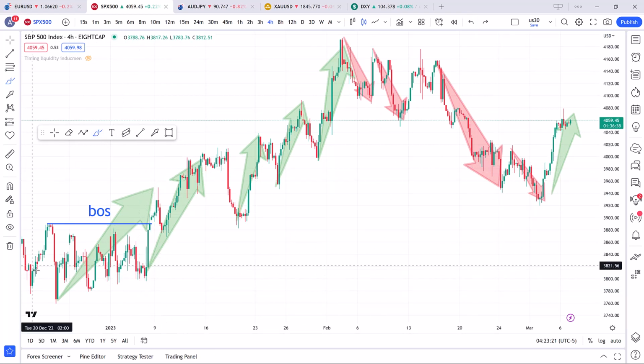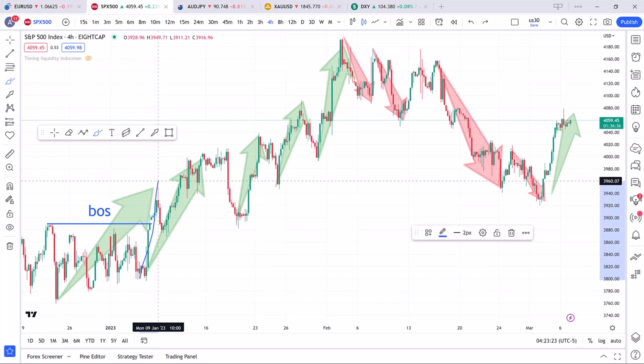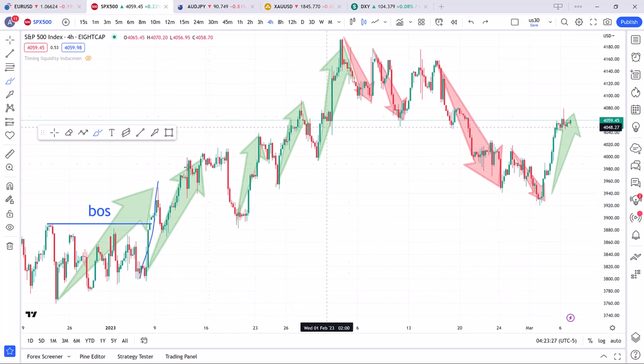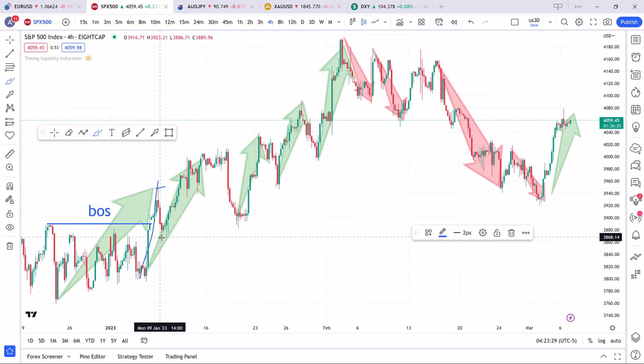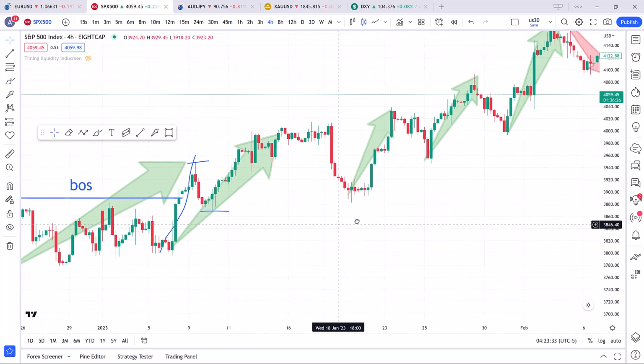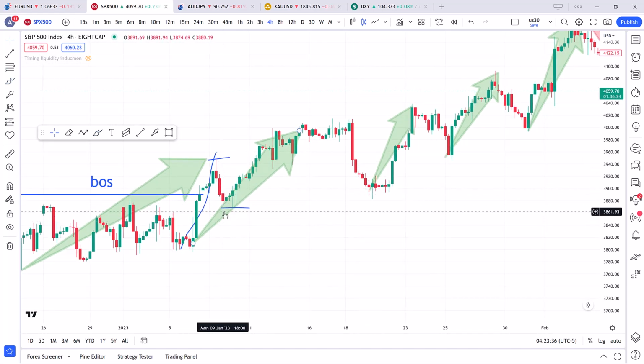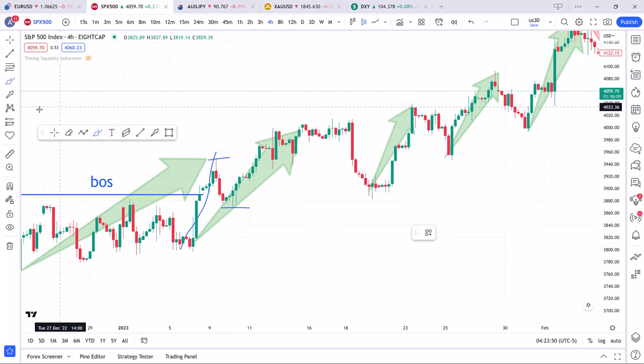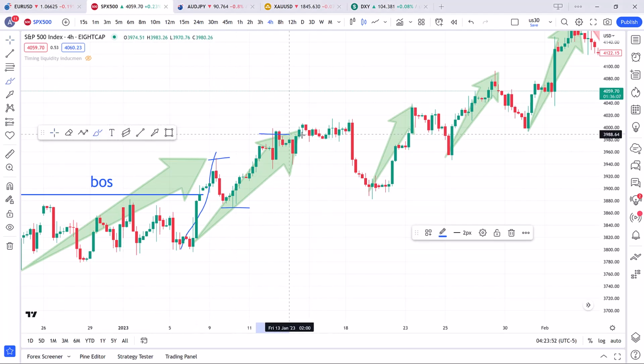For example, the market comes up and breaks this structure, then pulls back and starts to go up. From this point to this point where the pullback stopped, we can measure this leg, and with that measurement we can find the zone or the price that the market is going to hit for the first profit.